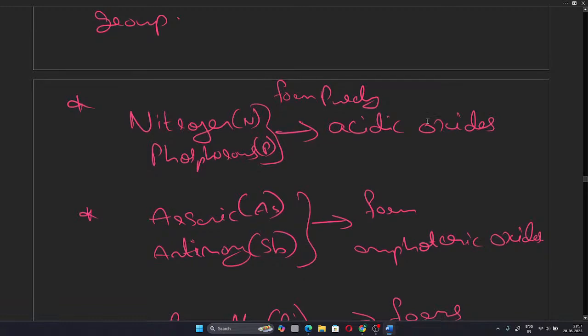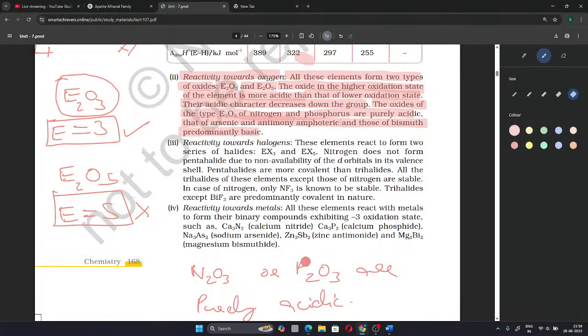This is, I believe, reactions with oxygen. Okay, that is reactivity towards oxygen.